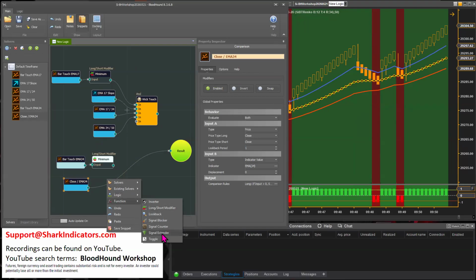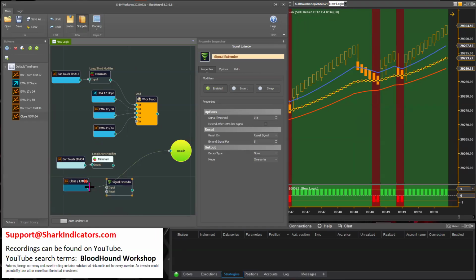I'm not sure if this is going to work, so I'm just going to experiment here, which is exactly what Bloodhound's all about: just testing out an idea and seeing how well it works.